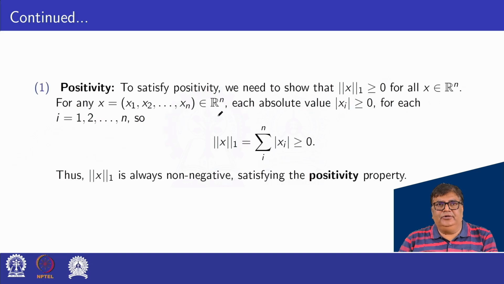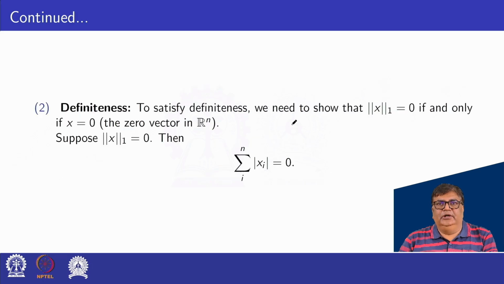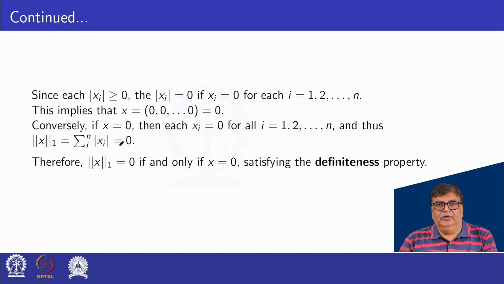Each xi 0 means x1 0, x2 0, xn 0, all 0, which means this is the zero vector. So norm x1 is equal to 0 if and only if x is the zero vector. In detail, mod xi is greater than or equal to 0, and mod xi equals 0 if xi equals 0. This implies that x is 0, 0, 0, that is the zero vector.